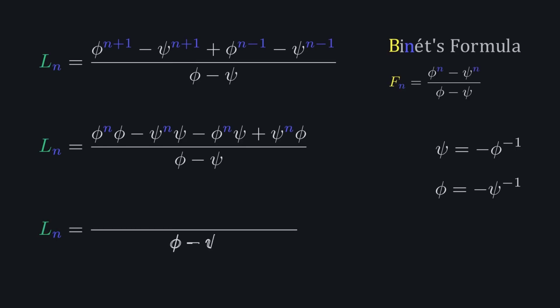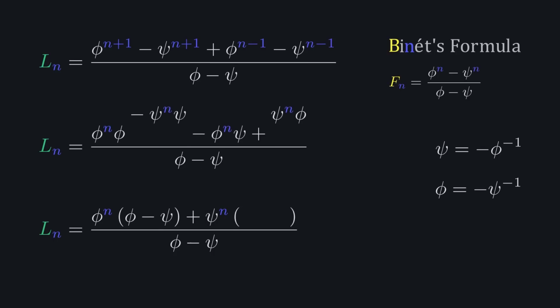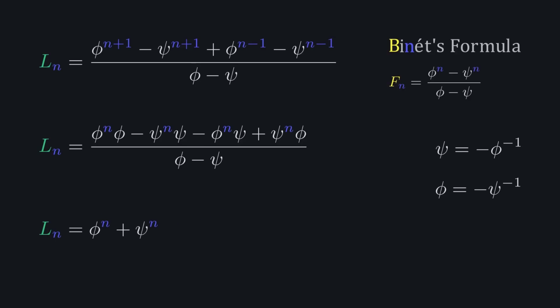Now we can collect terms. Phi to the nth gets phi minus psi as factors, and psi to the nth does as well. And if they share a common factor, which is also present in the denominator, those will all cancel out, leaving us with just phi to the nth plus psi to the nth.